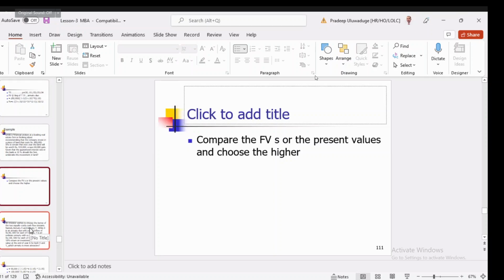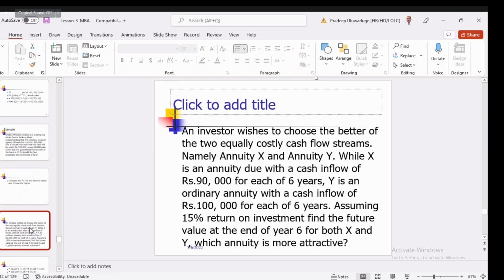Okay. The next one, right? An investor wishes to choose the better of the two equally costly cash flow streams, namely annuity X and annuity Y. While X is an annuity due with a cash inflow of 90,000 for each of 6 years, Y is an ordinary annuity with a cash inflow of 100,000 for each of 6 years.